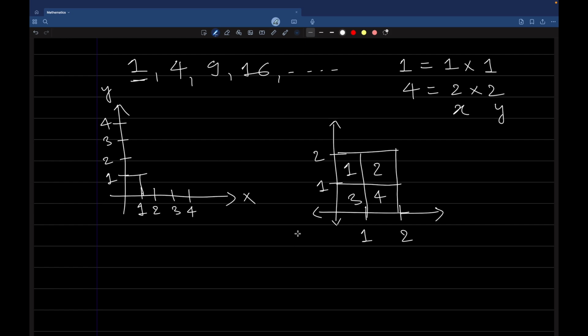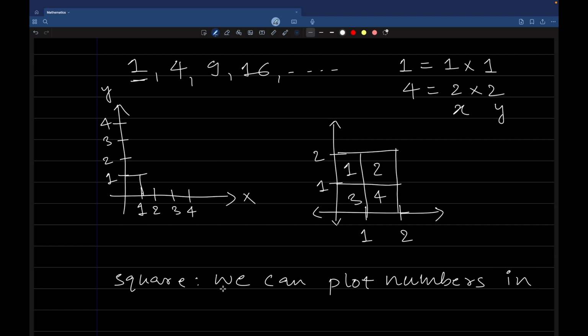Similarly for 9 and 16. That is why for square numbers we can plot numbers in the xy plane, that is in 2 dimensions.